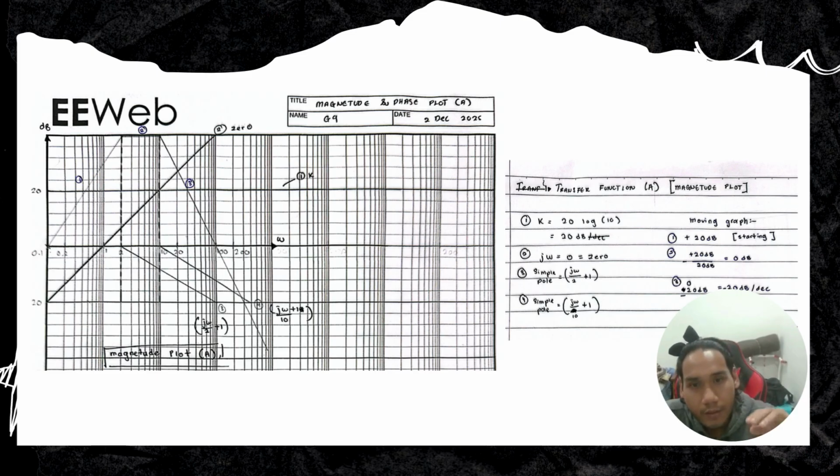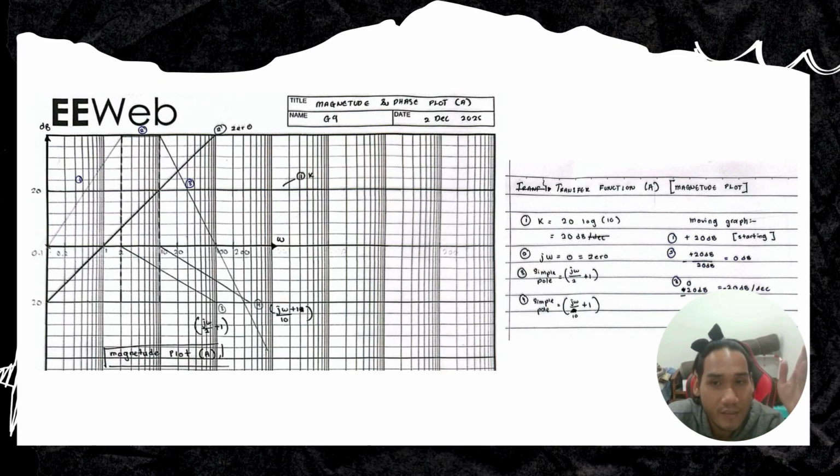I also state how we get the slope by rewriting our moving graph. Starting, we add 20 dB per decade, so it goes up.